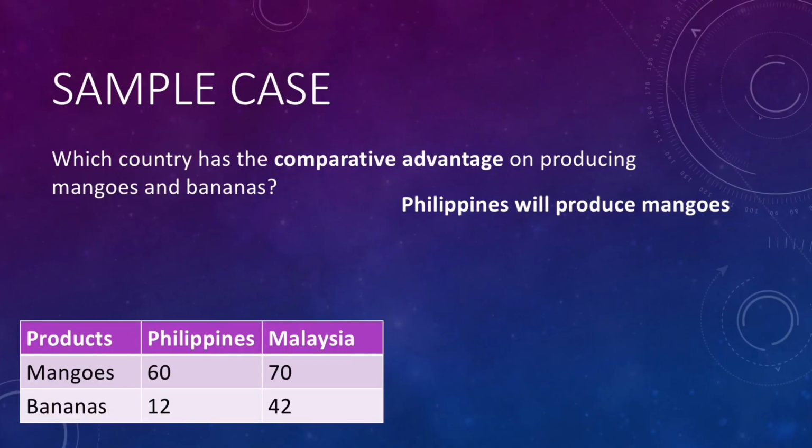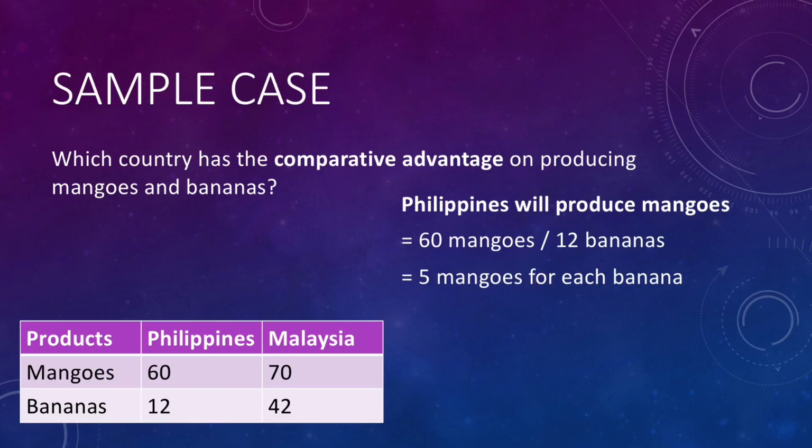If the Philippines will produce mangoes, the labor hour to be given to produce bananas will be given to mangoes instead. 60 mangoes to be made rather than 12 bananas. That would mean 5 mangoes to be sacrificed for each banana.